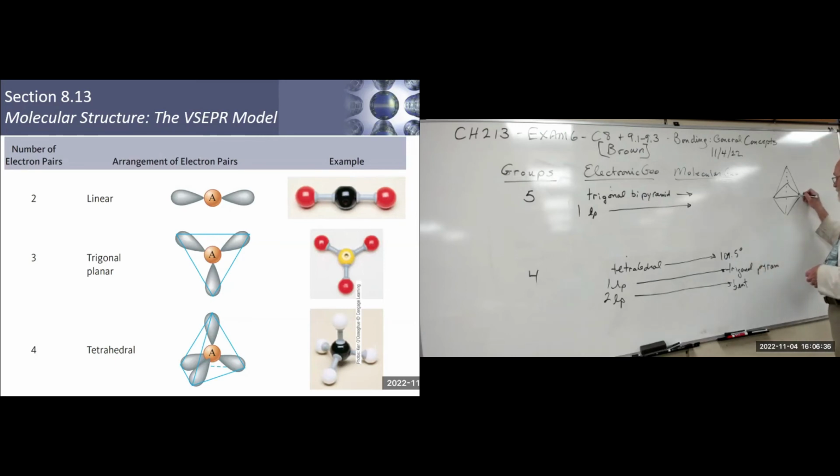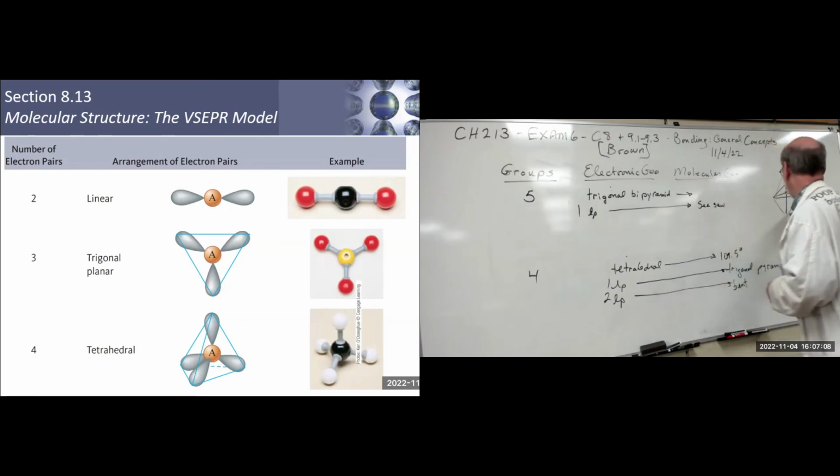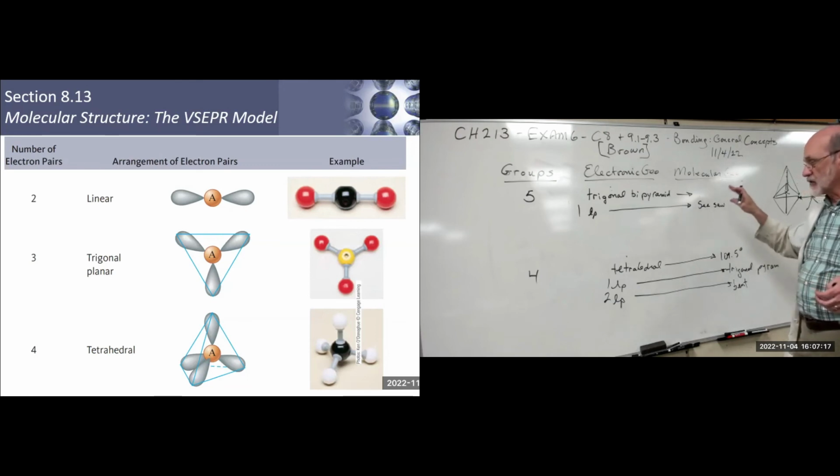Typically, the lone pair sits here on the triangle, which means if you have an atom in the middle and you've got a bond here and a bond here and a bond here, a bond here, these two form the base of a seesaw. So you got an atom here, an atom here, an atom here, and you got your central atom there. This is called a seesaw. It's got one, let's see, 1, 2, 3, 4. Yeah, 4 out of the 5 are atoms. It gives you a seesaw molecular structure.